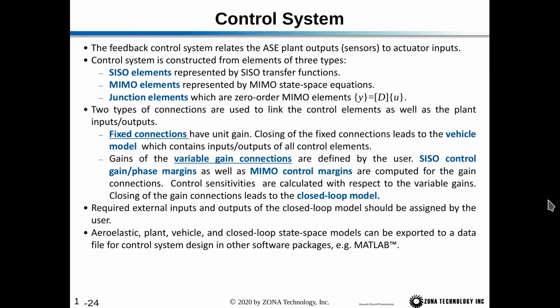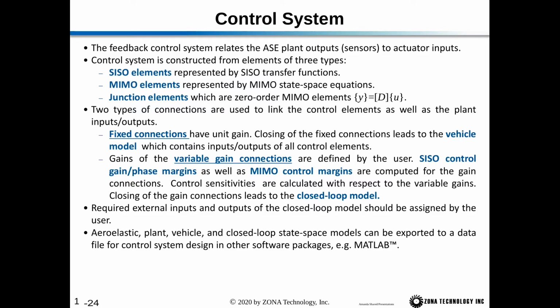Next, we'll talk about the control system definitions. So the feedback control system relates the ASE plant outputs, which are sensors, to actuator inputs. A control system in ZAERO is constructed from elements of three types. We have SISO elements represented by SISO transfer functions.